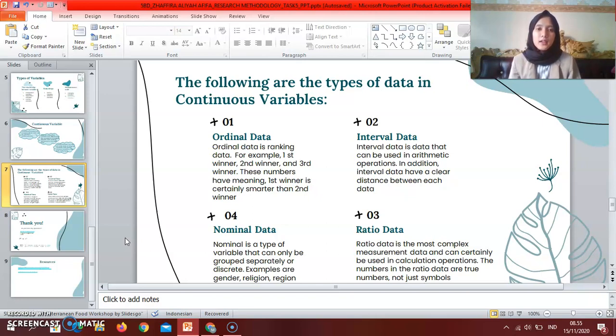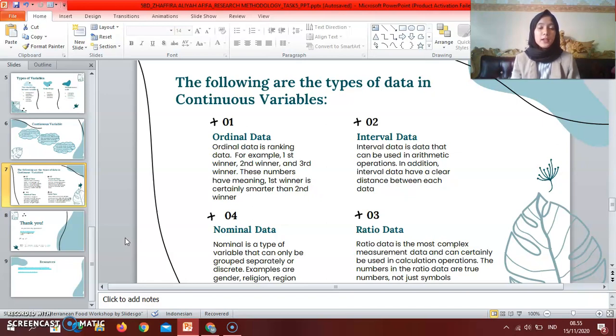And the second type of data in continuous variables is interval data. Interval data is data that can be used in arithmetic operations. In addition, interval data have a clear distinction between each data.